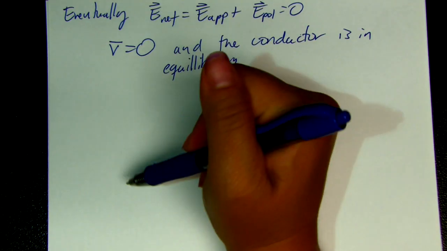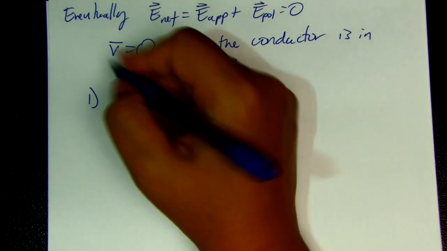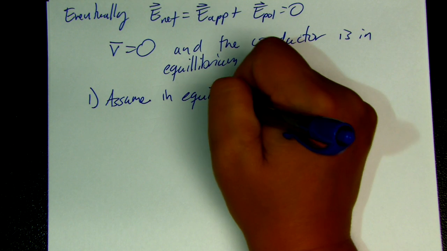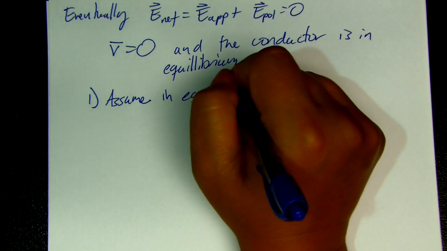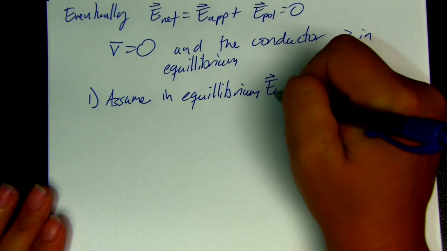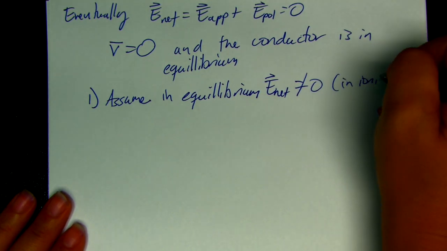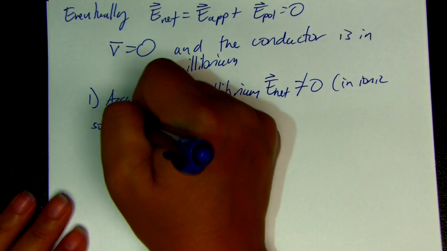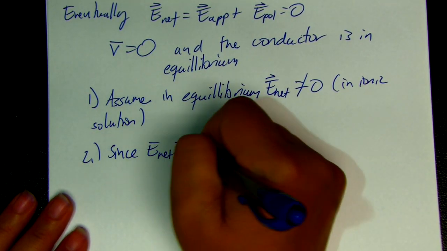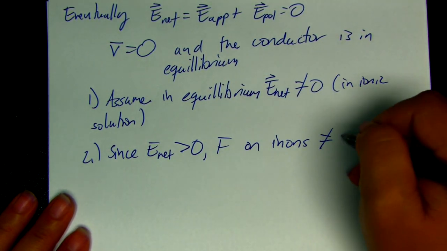And so we can show conductors will reach equilibrium. We're going to do a little proof by contradiction. So 1, we're going to assume an equilibrium where E net is not 0 in the ionic solution. 2, since E net is greater than 0, the force on the ions is not 0.